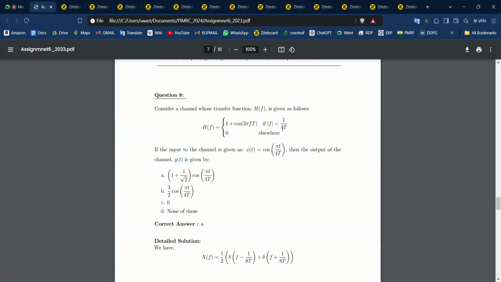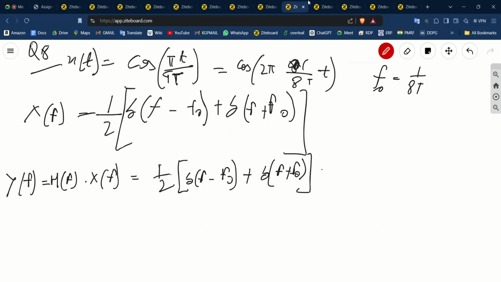This exists between minus 1 by 4T and 1 by 4T, so from minus f naught by 2 to f naught by 2.